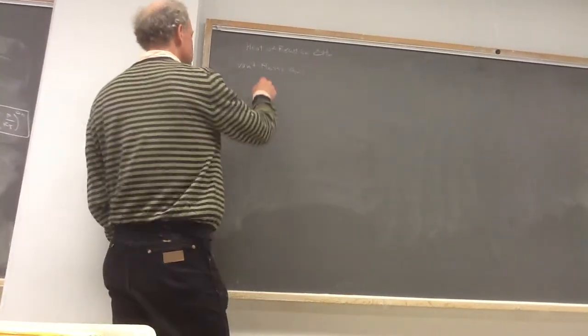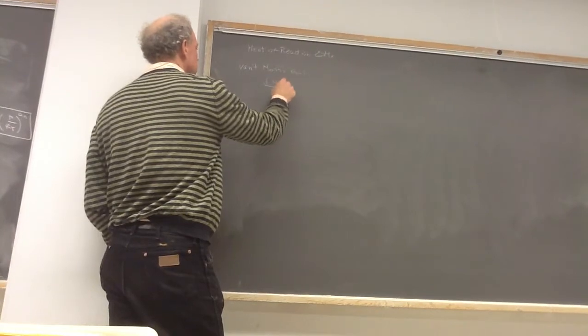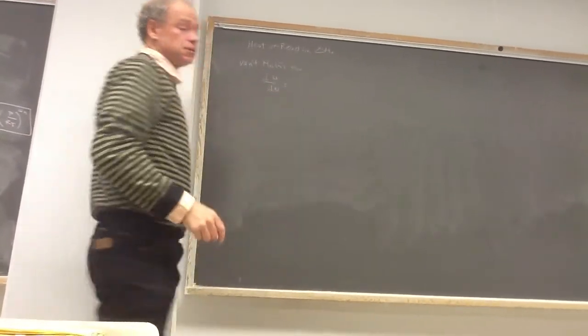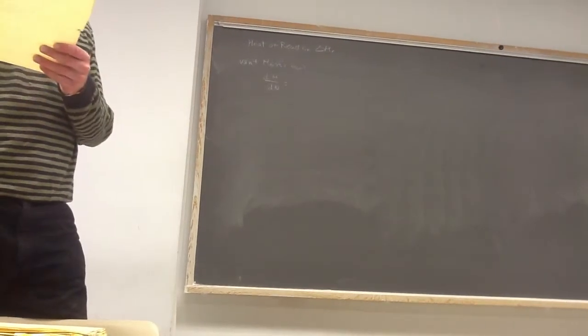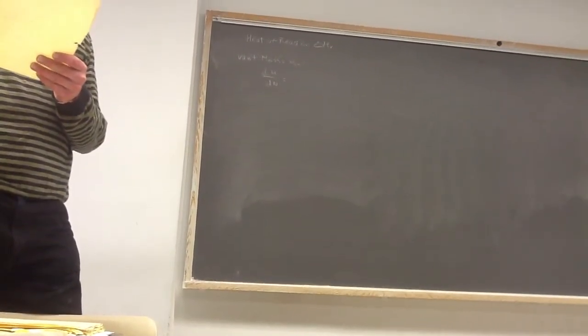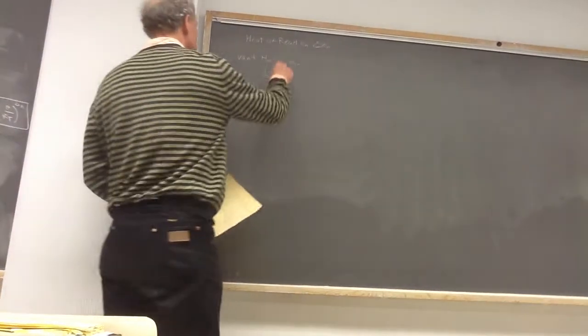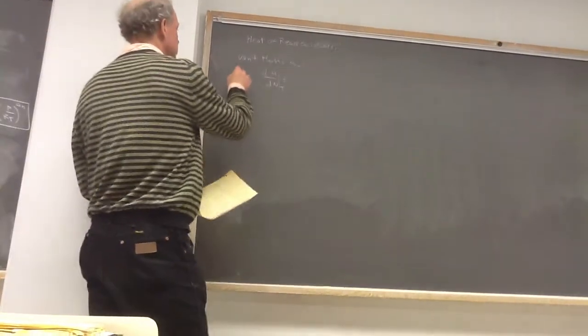says the heat of reaction, dH/dN, is equal to, and let's get this right, at constant T. That's the definition of the heat of reaction.